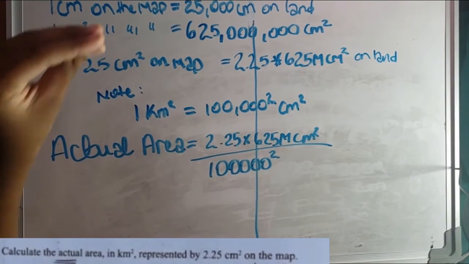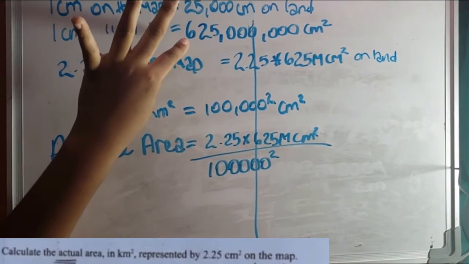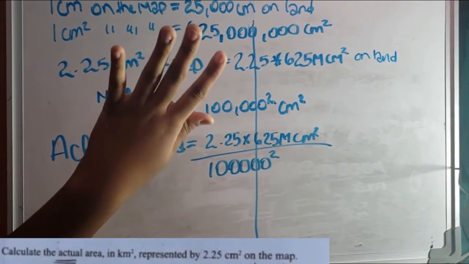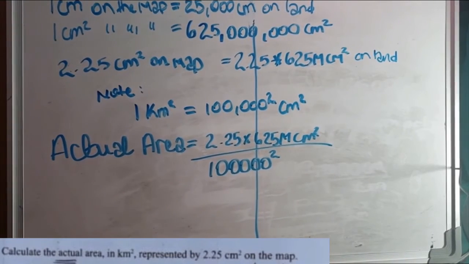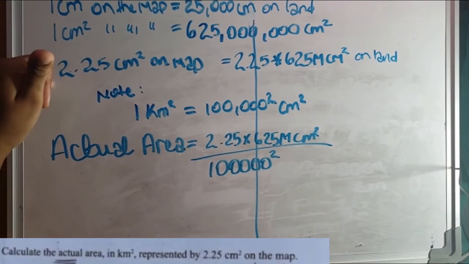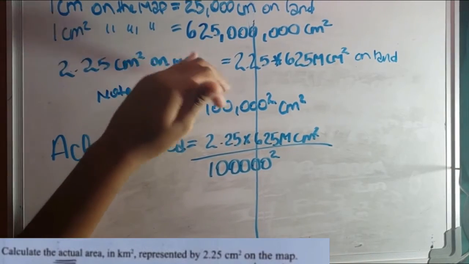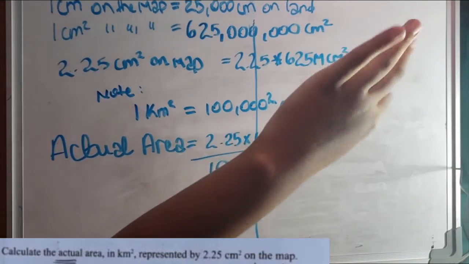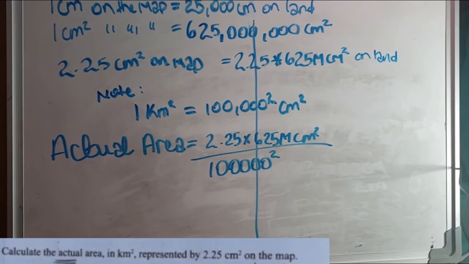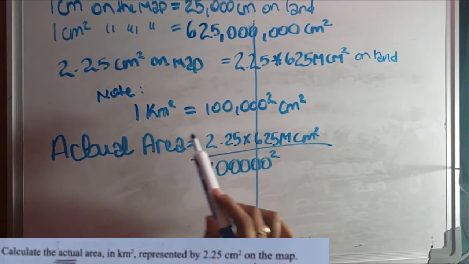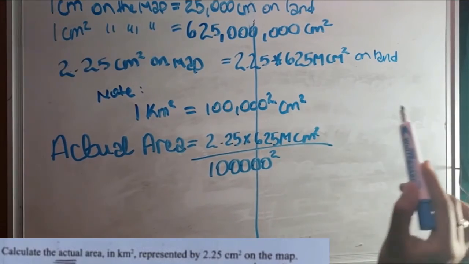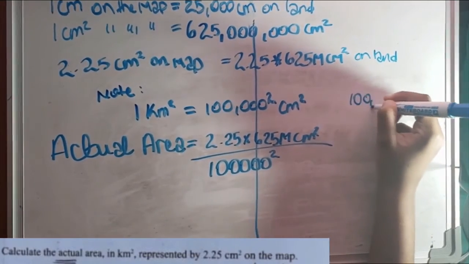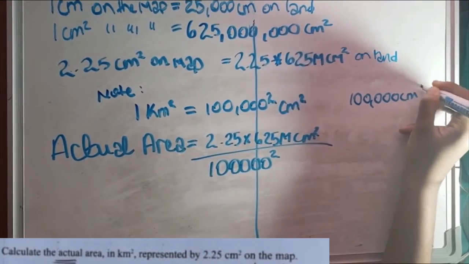Therefore, 1 centimeter squared on the map is equal to 625 million centimeters squared in reality. Therefore, 2.25 centimeters squared on the map is equal to 2.25 times 625 million centimeters squared. In reality, note, 1 km squared is equal to 100,000 squared centimeters squared, because it's basically 100,000 centimeters all squared.